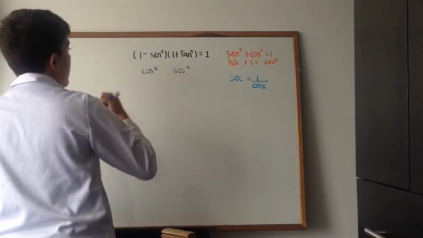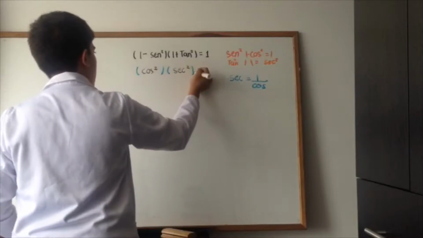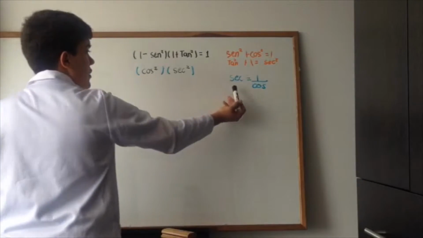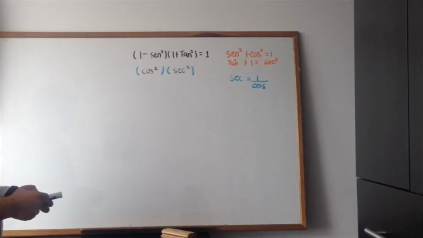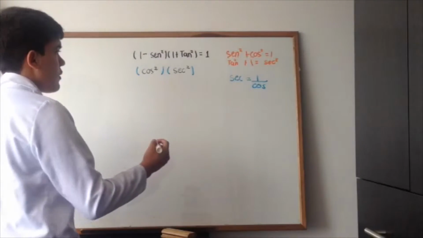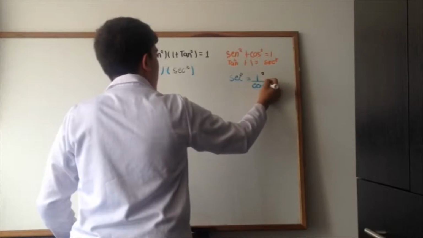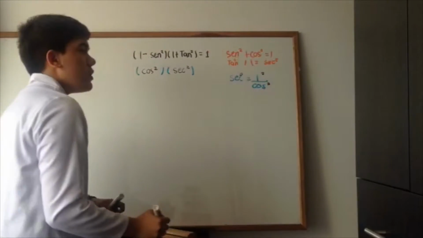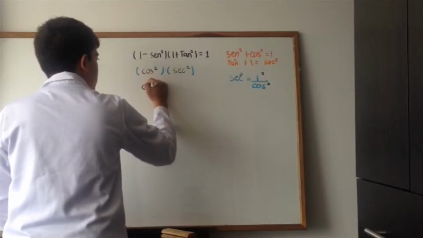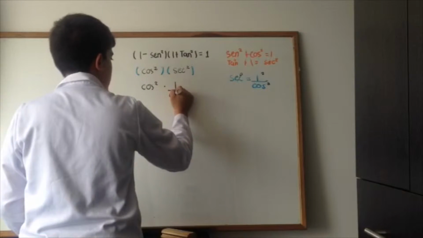These are multiplied. Well, and now we need to use this ratio. Remember that this ratio is the same: secant square equals 1 square divided by cosine square. So it's the same. We replace cosine square multiplied by 1 divided by cosine square.